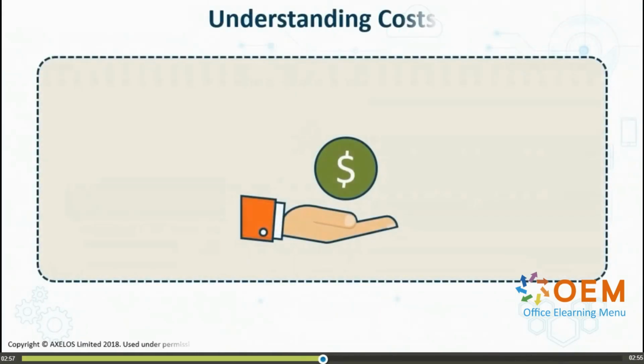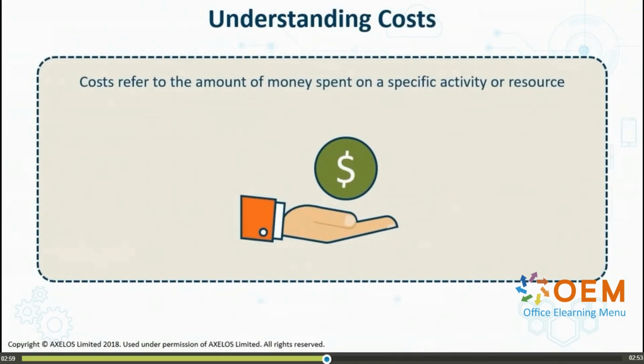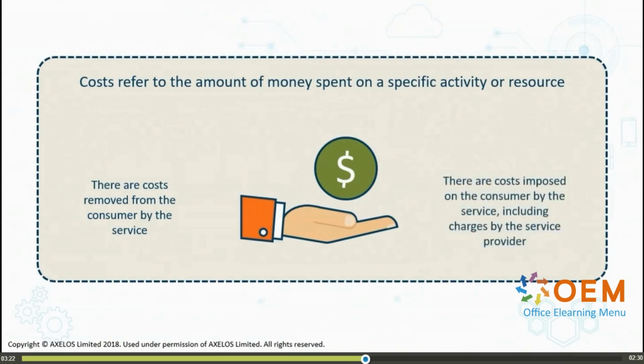Let's understand costs. Costs refer to the amount of money spent on a specific activity or resource. From the perspective of the service consumer, there are two types of costs involved in service relationships. Costs removed from the consumer by the service, which is a part of the value proposition. This may include costs of staff, technology, and other resources, which the consumer doesn't need to provide. And then there's costs imposed on the consumer by the service, the costs of service consumption.